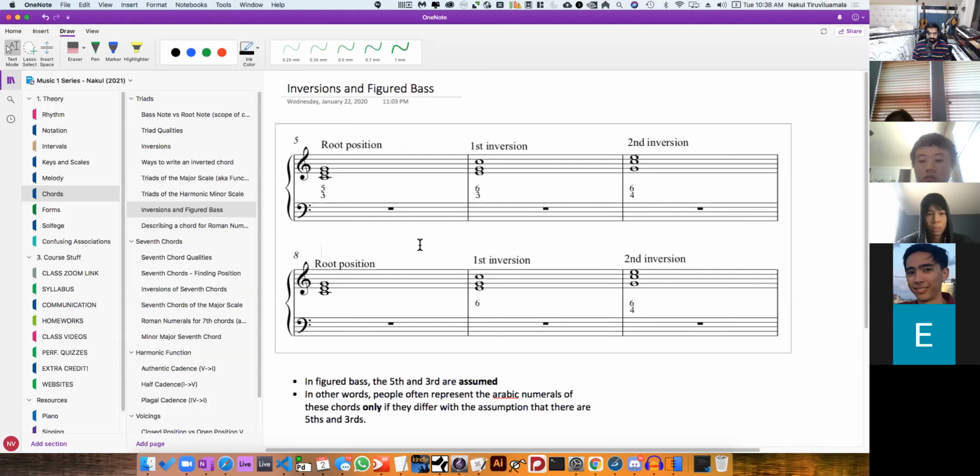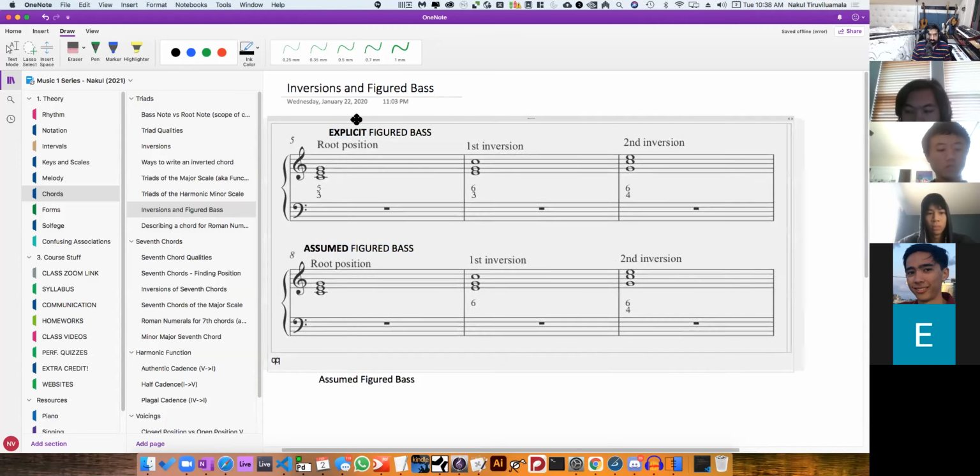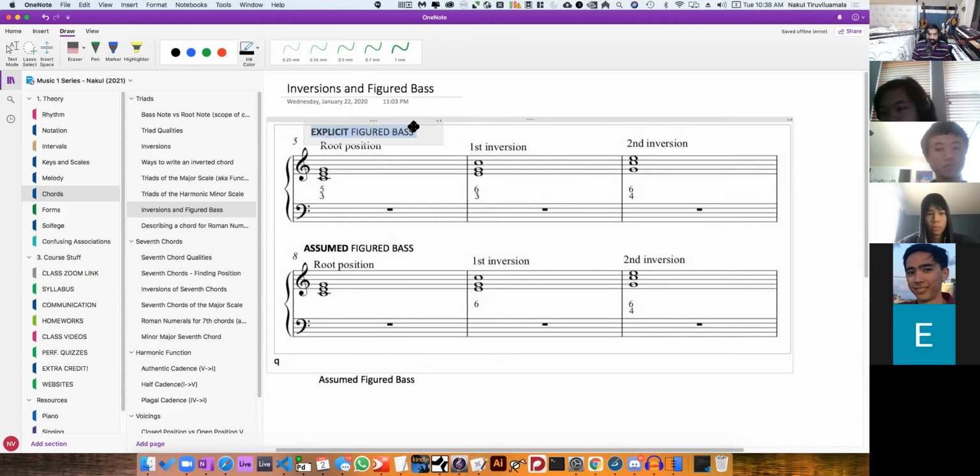And then we'll put this as assumed figured bass, this is what people often assume, and this is explicit figured bass. This isn't an official term or anything, but it explains why I've created 2 different ways of doing the same exact thing, right? In one case it's assumed, the other case it's explicit.